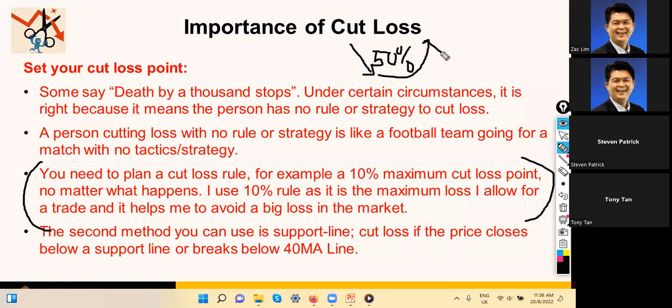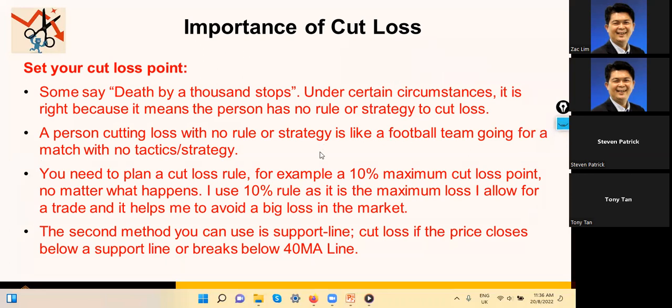To get back the same amount of money, you need a 100% increase in a particular stock, with your stock going up. That's why the faster you cut loss, the more it will save your capital from being hit.